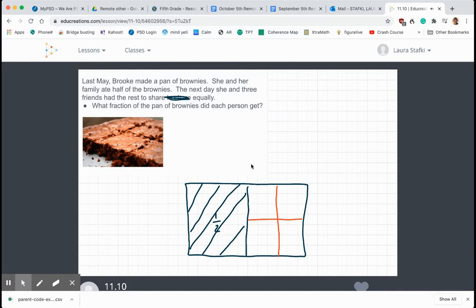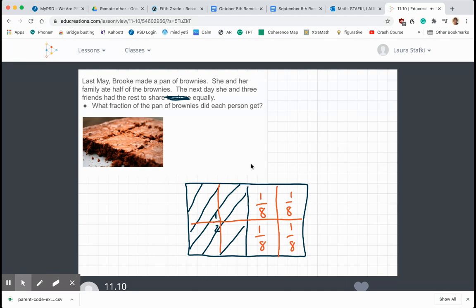So what fraction of the pan did each person get? When I look at that, it is 1/4 of half, but of the whole pan, each of these sections is equal to 1/8. So the fraction that each person got was 1/8 of the whole pan.